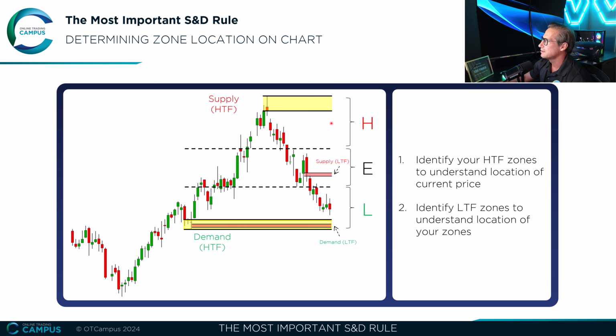So we get an area that is high, in other words expensive and very expensive. We get an area that is low, in other words cheap or very cheap. And then we get an area that is equilibrium. So for us, it's no man's land, where we don't want to engage in price.